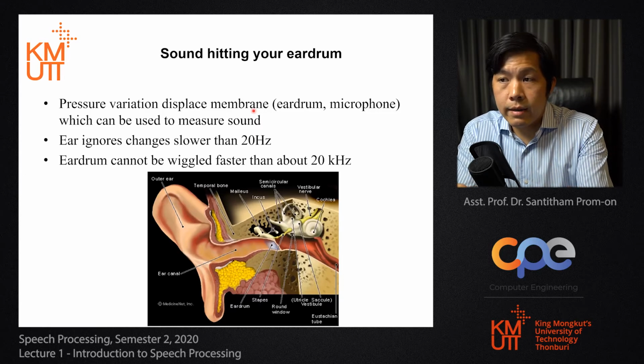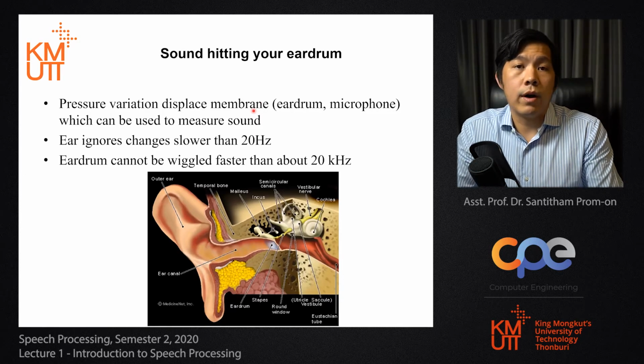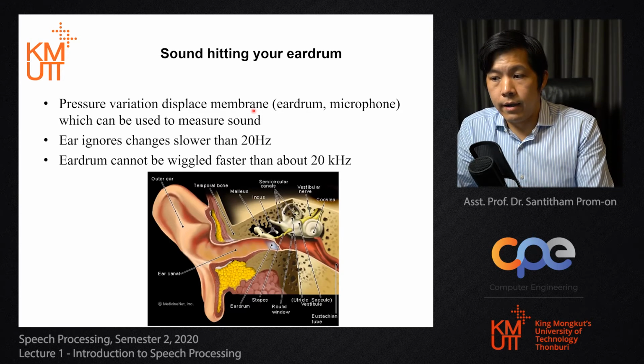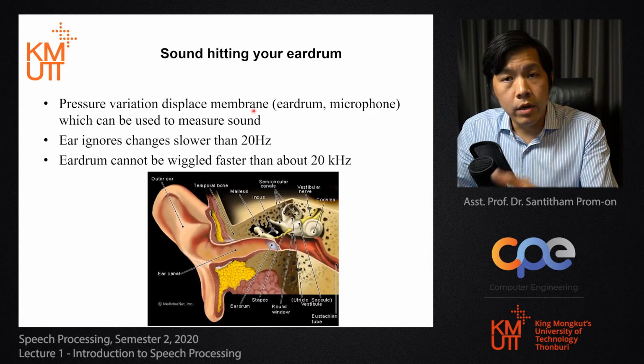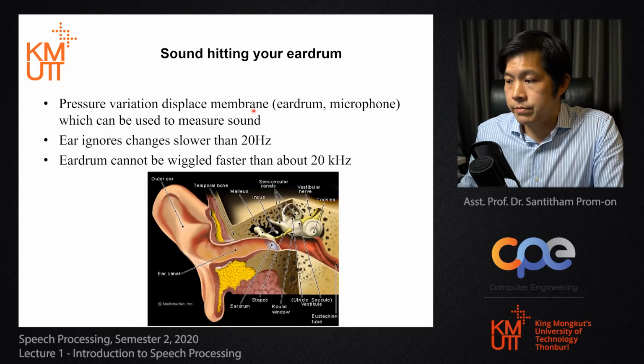There's a different type called a dynamic microphone. It doesn't require power to wiggle the membrane, but it generates a very low level of output. That's why you need an amplifier to use a dynamic microphone.